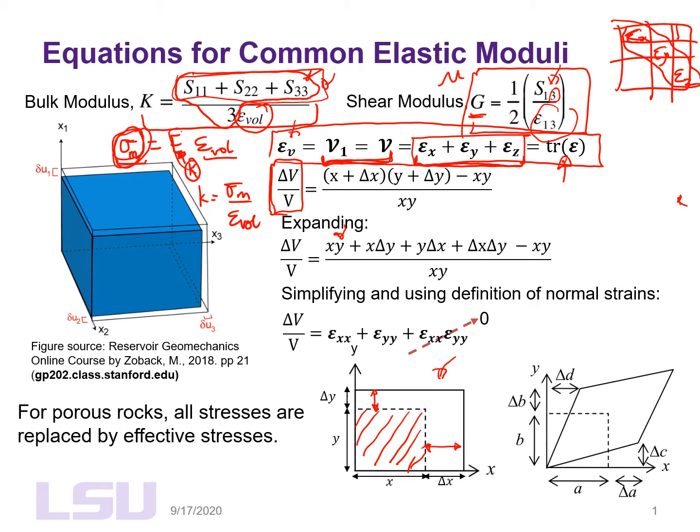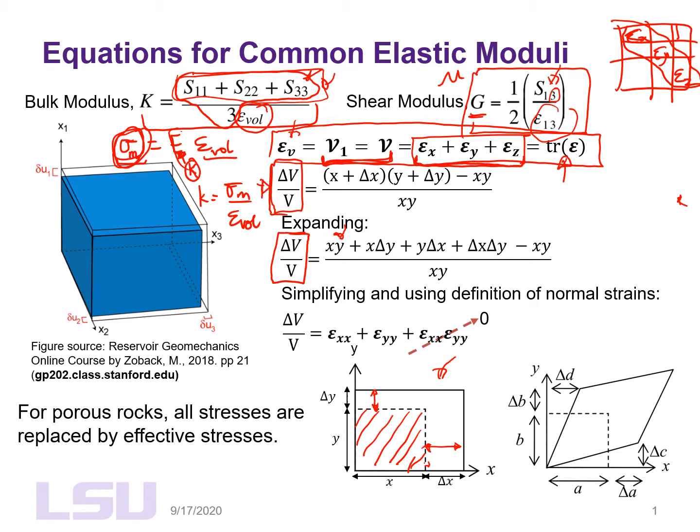It's exaggerated, so you can see it. Normally these changes are very small, right? That's the assumption in the Cauchy stress tensor. So we can express this, the exact definition of volumetric strain.